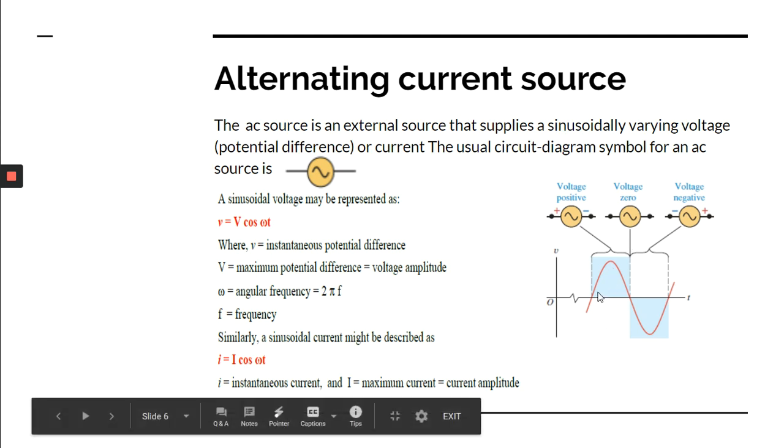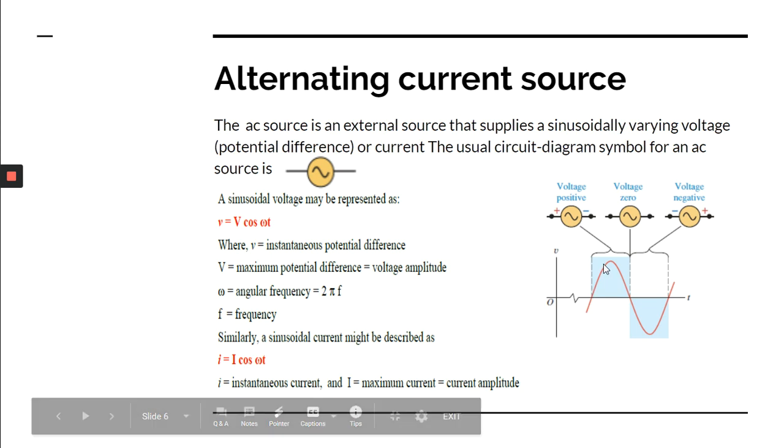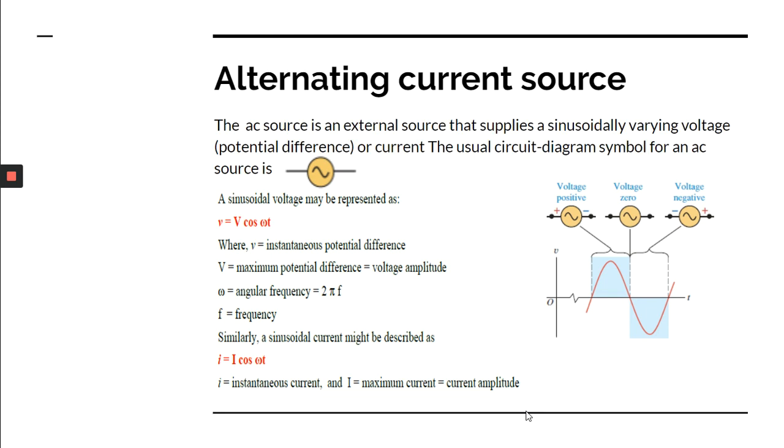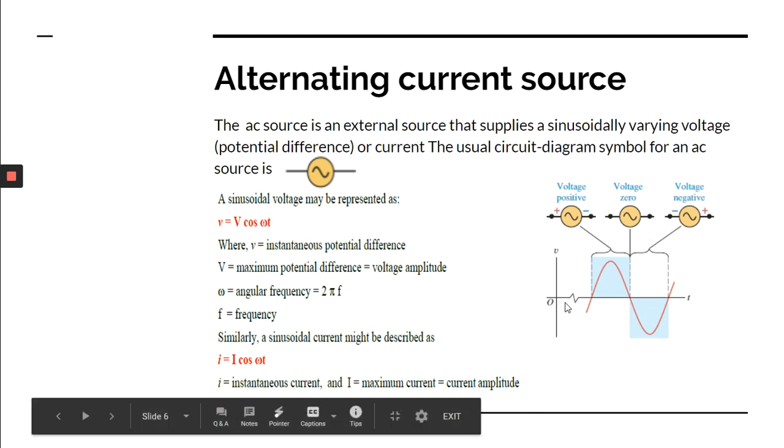So how many times it comes to zero, then again maximum, then maximum on the negative side, then comes to zero, that means one cycle. So in 1 second how many cycles are there? I think you know this. We are using an AC source with a frequency of 50 Hertz.